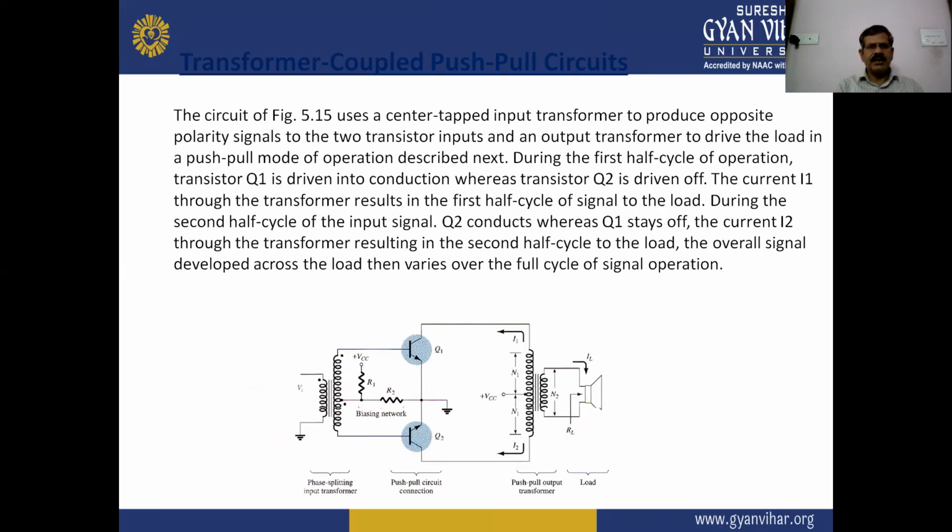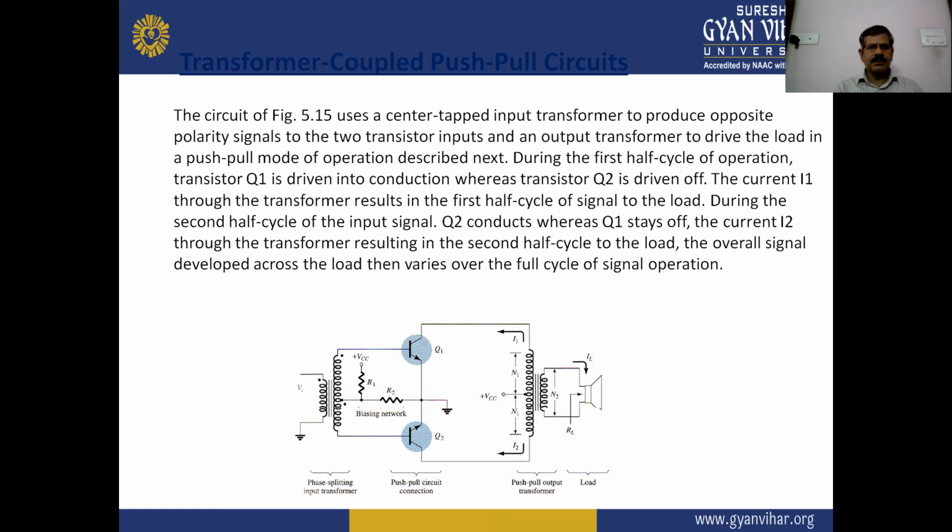So the circuit uses a center tap input transformer to produce opposite polarity signals to the two transistor inputs, and an output transformer to drive the load in a push-pull mode of operation, described next. During the first half cycle of operation, transistor Q1 is driven into conduction, whereas transistor Q2 is driven off.